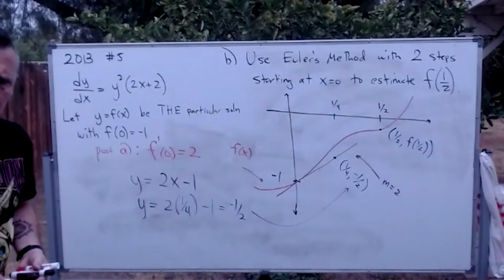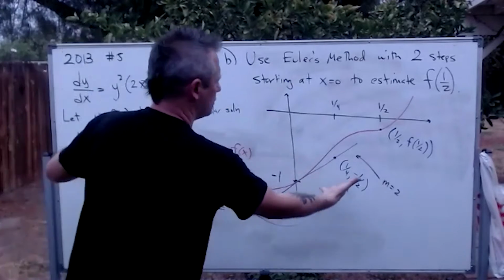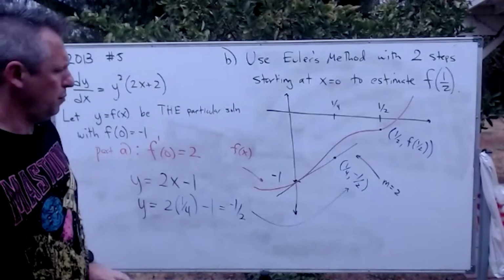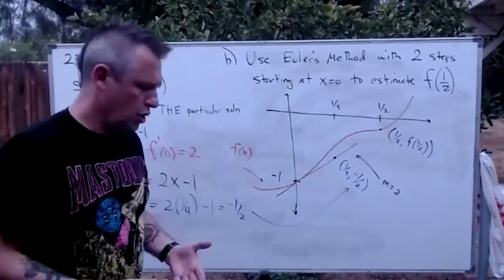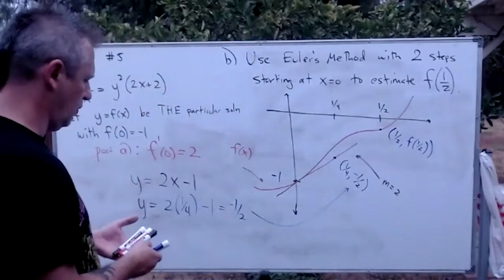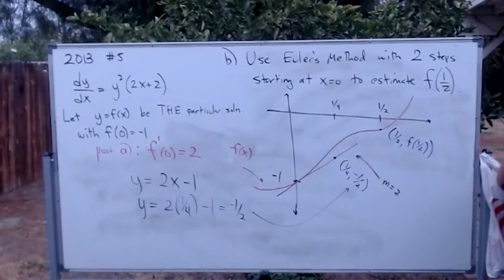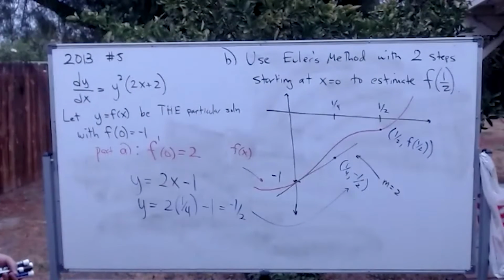Now here's what we're going to do. We're going to consider the particular solution to this differential equation that happens to pass through the point (1/4, -1/2). I don't know what that solution looks like, so I'm going to draw some random function now. This function that I'm drawing here is not f of x.